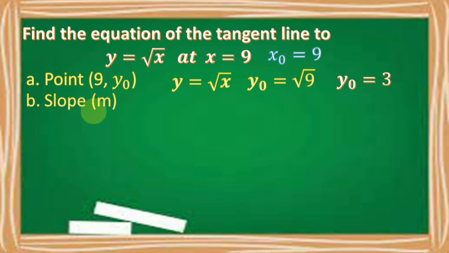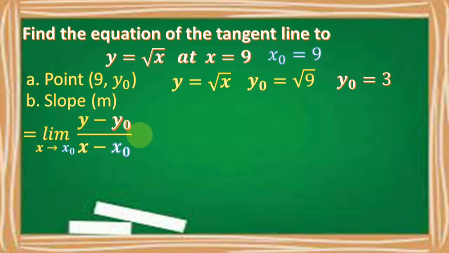Now, let us find the value of m by using the limit of y minus y sub 0 over x minus x sub 0 as x approaches x sub 0.